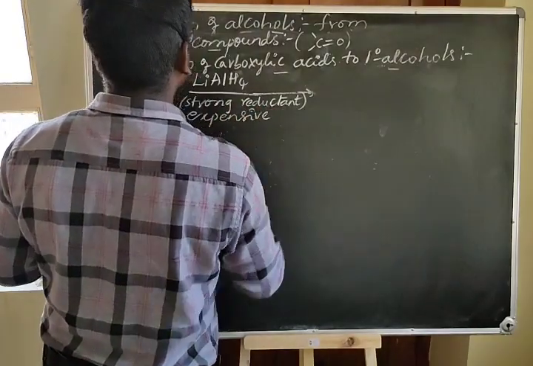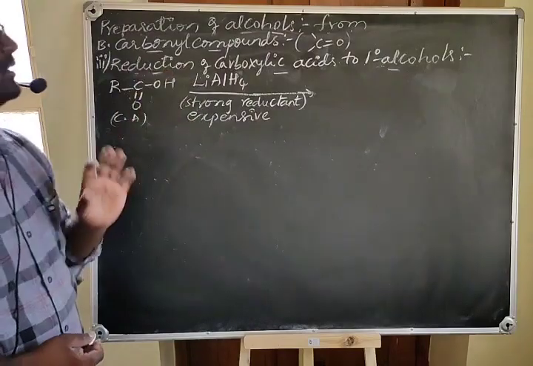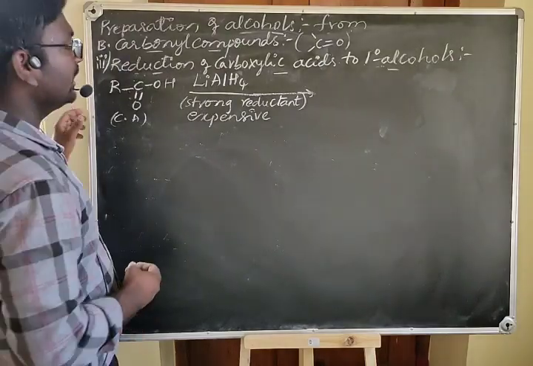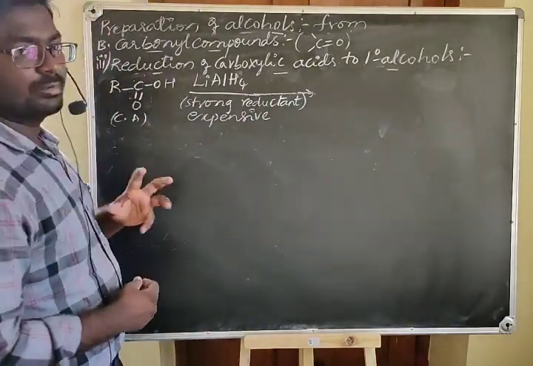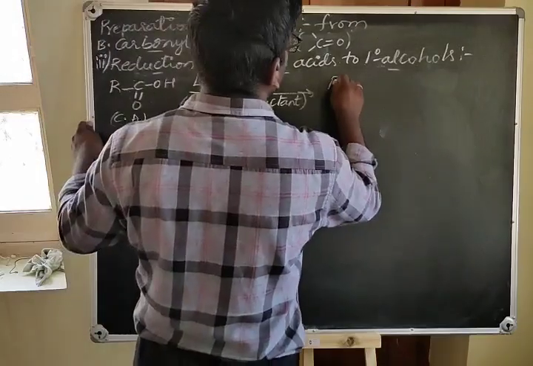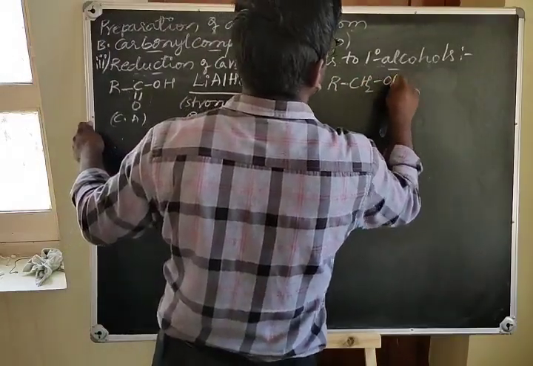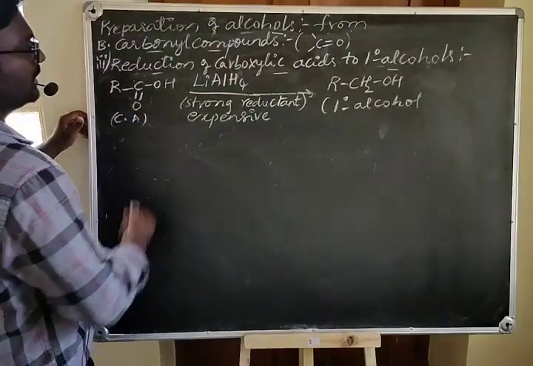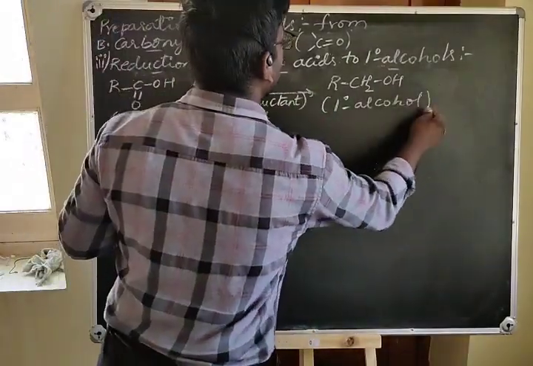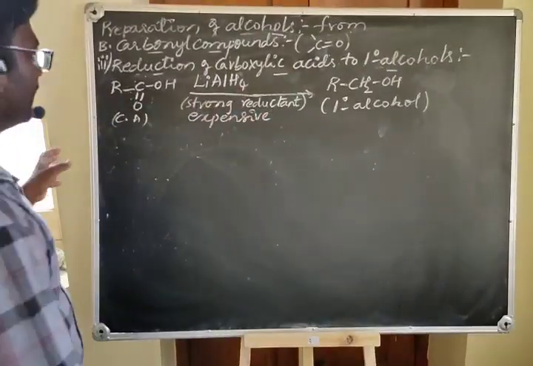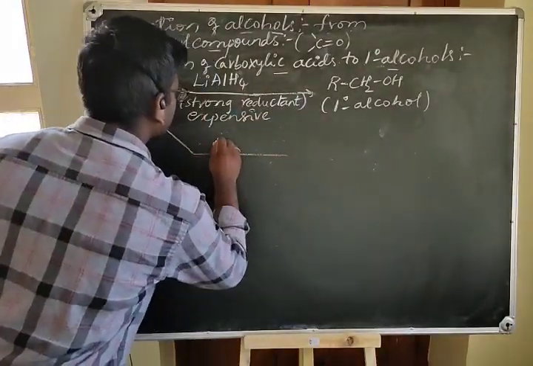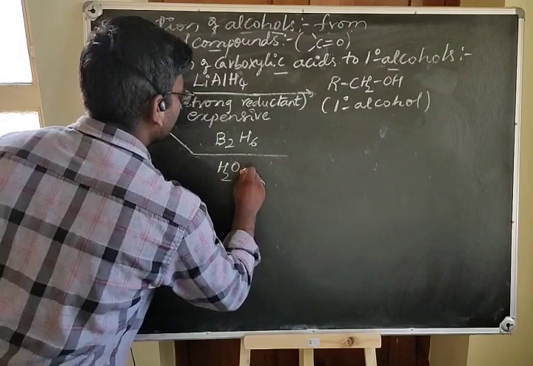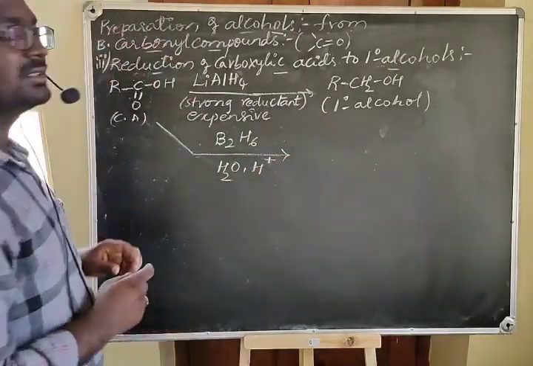When the carboxylic acid is treated with lithium aluminum hydride, or you may take diborane also, this will convert the carboxylic acid to the primary alcohol, RCH2OH. So we can convert carboxylic acids to primary alcohols either by using lithium aluminum hydride or by using diborane followed by hydrolysis.